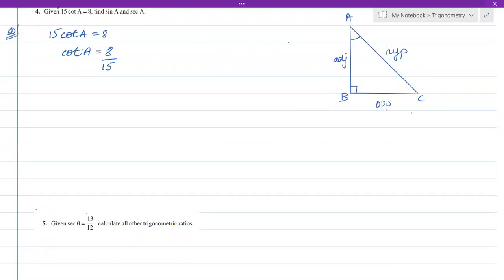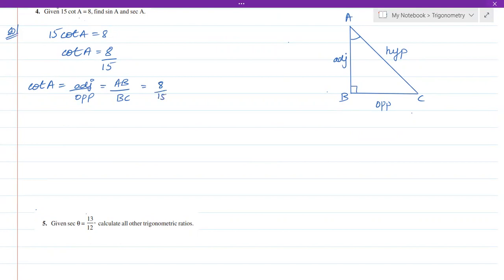Therefore, we know that cot is basically defined as adjacent by opposite. So here adjacent is AB and opposite is BC. So they've given cot A value as 8 by 15.